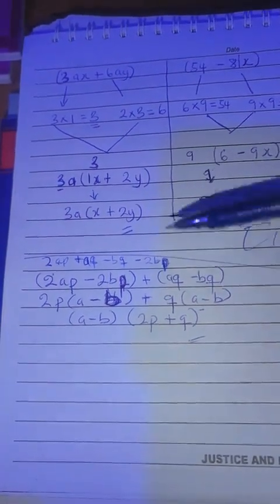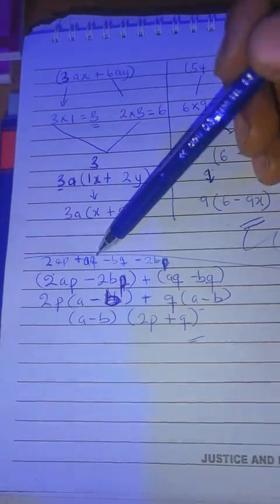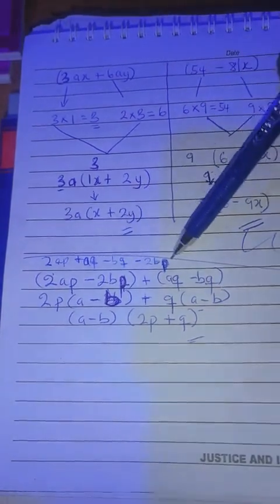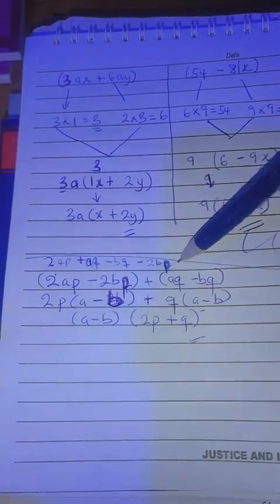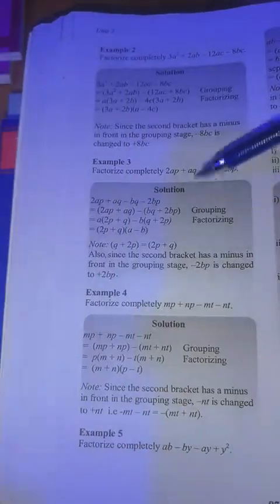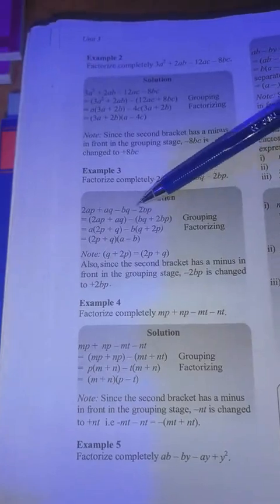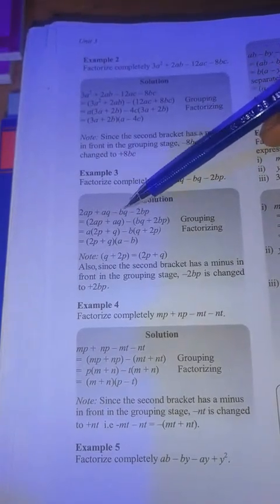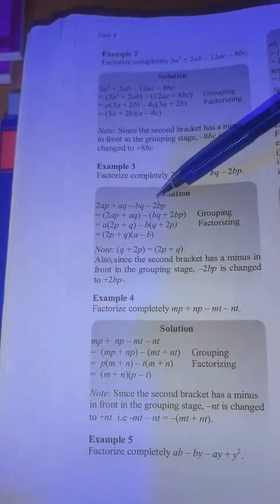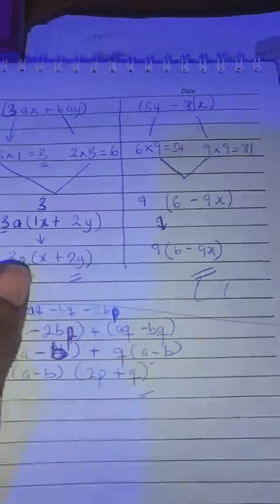I didn't write the initial expression very well. So it was rather negative 2BP. So let's check that. This is the expression, right? So look at it: 2AP plus AQ minus BQ minus 2BP, right?